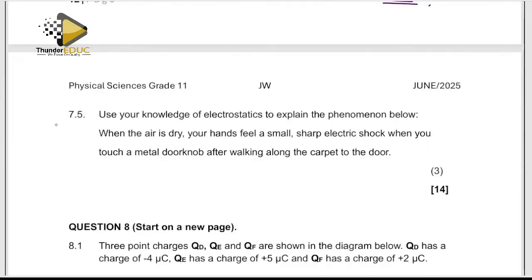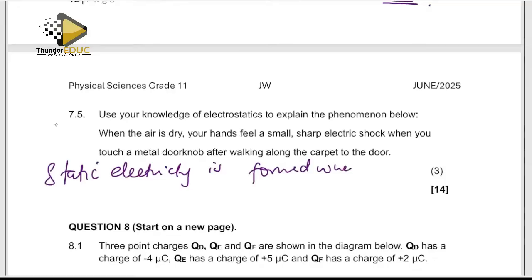Okay, so we can say that static electricity is formed when the air is dry. Okay, it's formed much better when the air is dry or the humidity is kind of low.